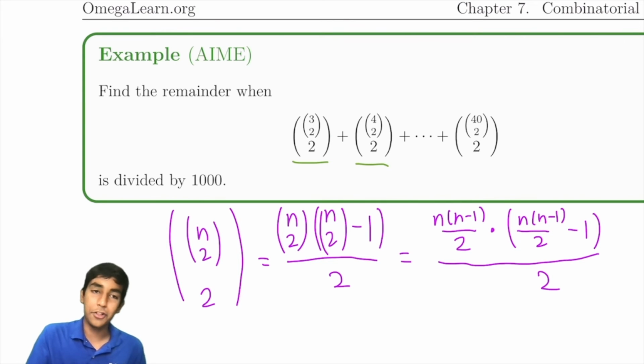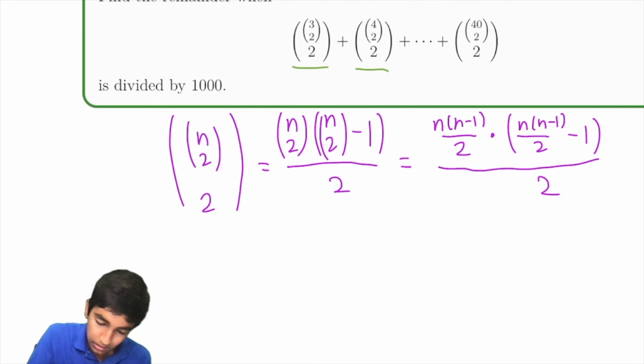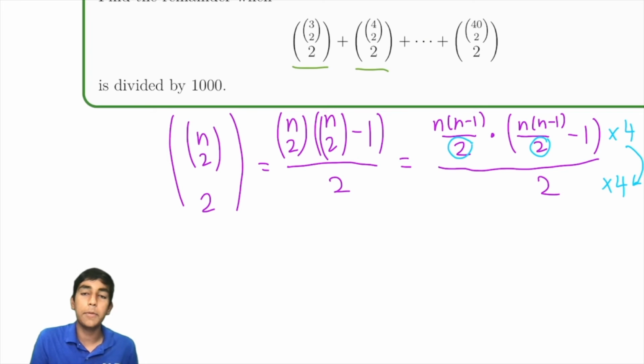Let's simplify this even further so we can get something a little bit simpler to work with here. Well, let's multiply the numerator by 4 and the denominator by 4, so we can clear these denominators over here and just move them to the actual denominator.